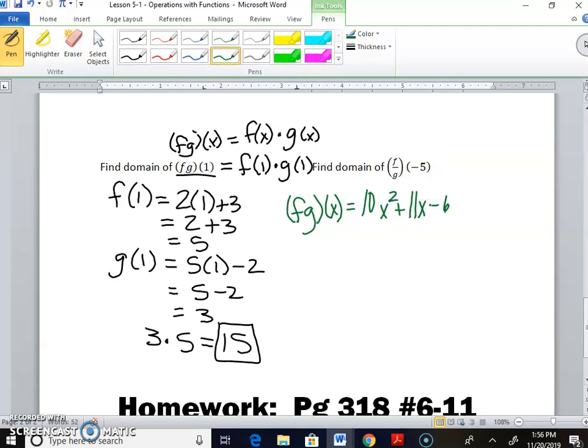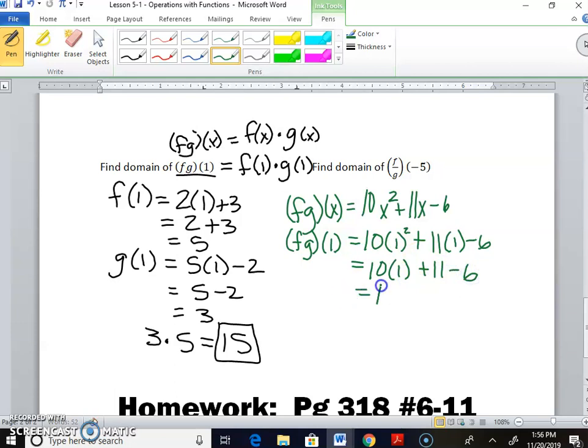So again, if I wanted to, fg of 1 is 10 times 1 squared plus 11 times 1 minus 6. 1 squared is just 1, so 10 times 1 is 10, plus 11 is 21, minus 6, and I get 15. So, two different ways you can do it.